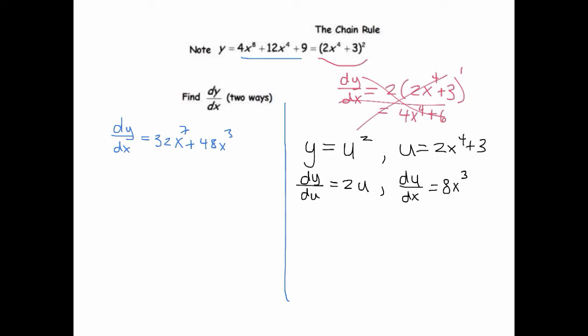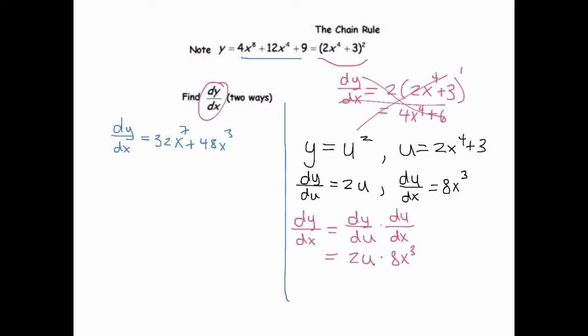Now according to the chain rule, if I want to find dy dx, which is what I want to find here, dy dx is going to be dy du times du dx. And now we just substitute. Dy du is 2u, and du dx is 8x cubed.